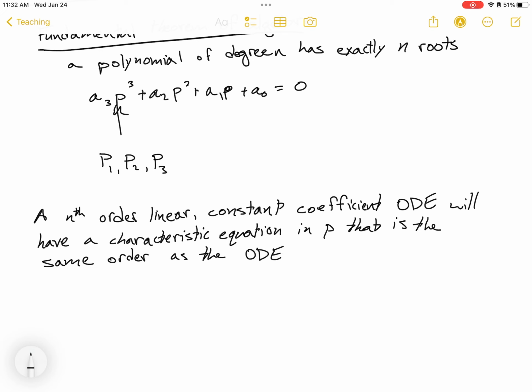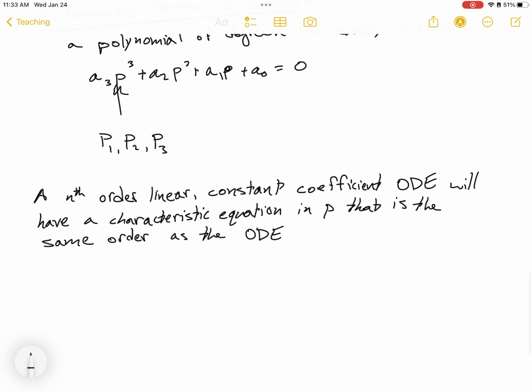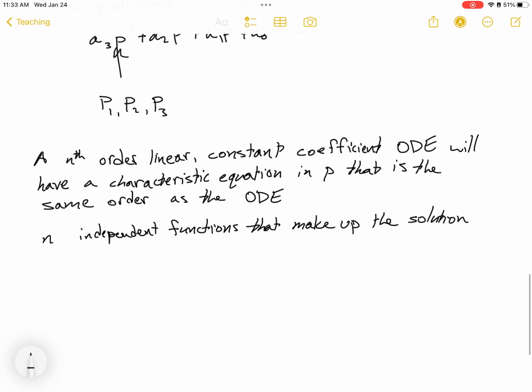And a characteristic equation with an nth order ODE with n roots will have n independent functions that make up the solution, where you have c_n e to the p_n times t plus all the way down to c1 e to the p1 times t.